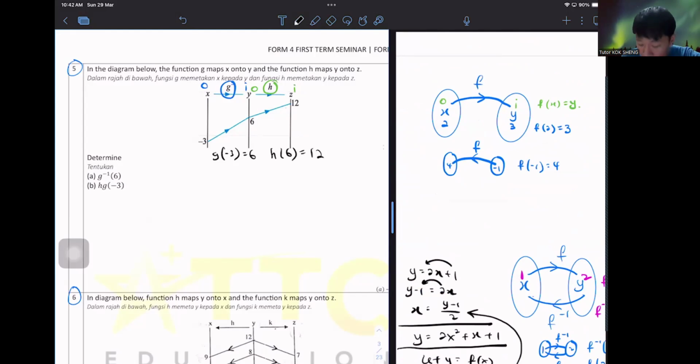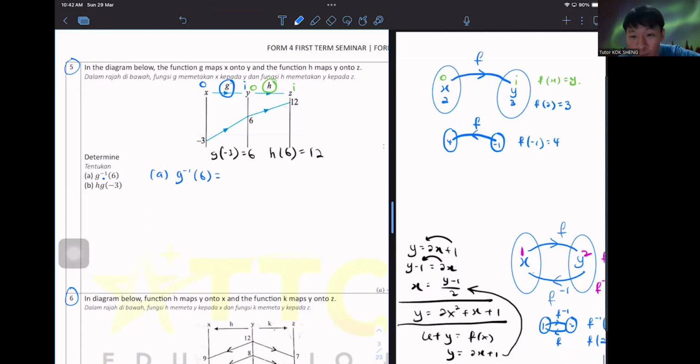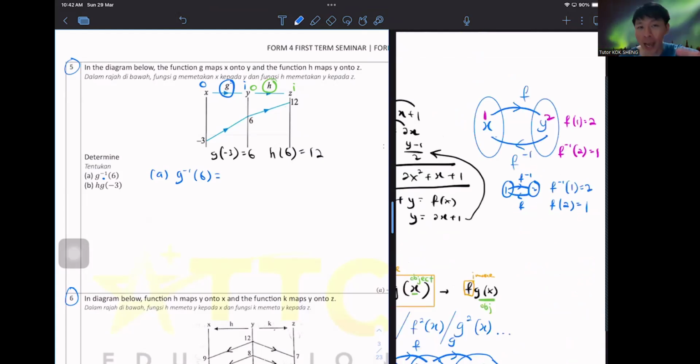Okay, start A already. Determine g inverse of 6. So for g inverse, which is referring to your inverse here, you know g and g inverse are related.